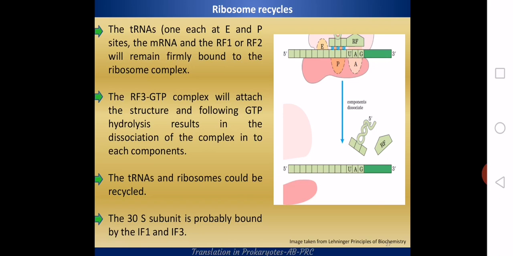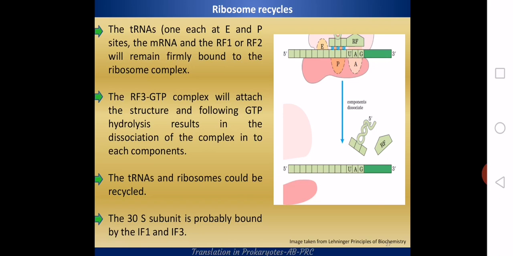That means the tRNAs, the mRNA and the ribosomal subunits plus the release factors will be dissociated from the complex. Right. And probably the 30S subunit would be bound by IF1 and IF3 for the next round of translation. Clear? So this is what's happening during the termination mechanism.